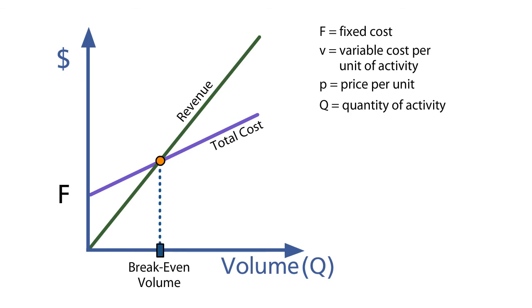Our revenue is exactly equal to our total cost. To the left of the break-even point, the cost line is above the revenue line, and so we're losing money. To the right of the break-even point, the revenue line is above the cost line, and so we're making money. In this type of business, we're always going to be better off with more volume.